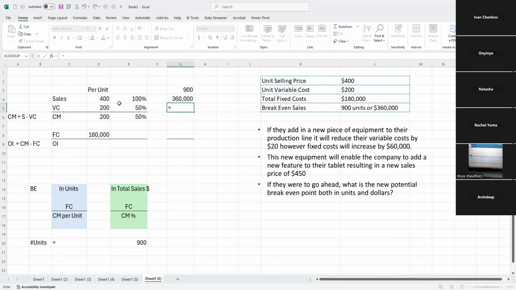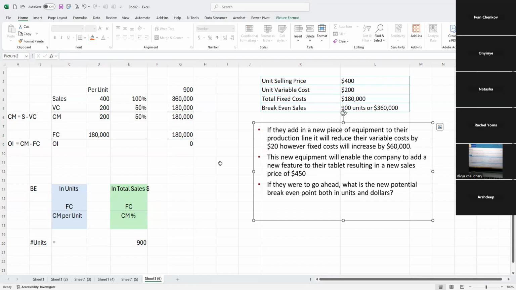Okay, variable cost, 200 times 900, 180,000. Contribution margin, this one minus this one. Is that enough to cover my fixed cost? Yes. Where is my operating income? Zero. Am I at break even? Yes, we are.